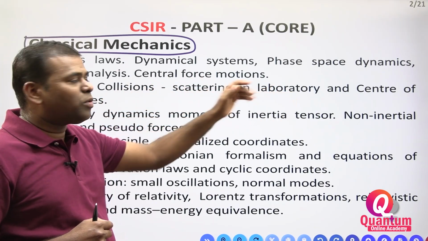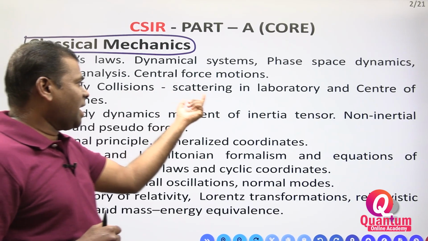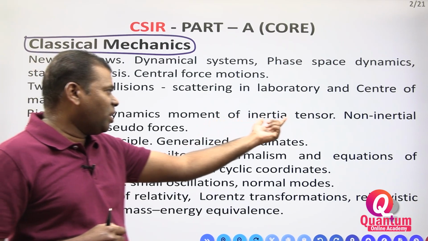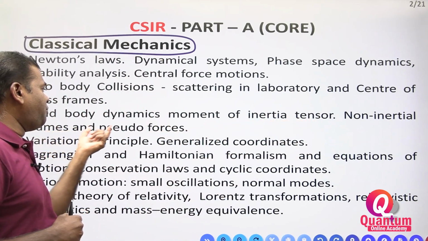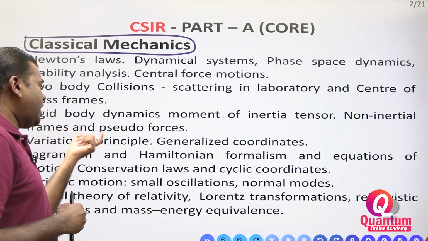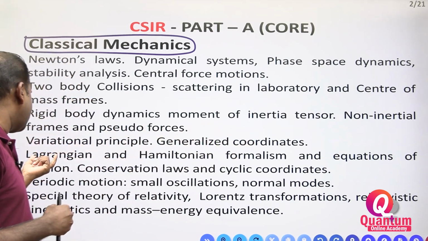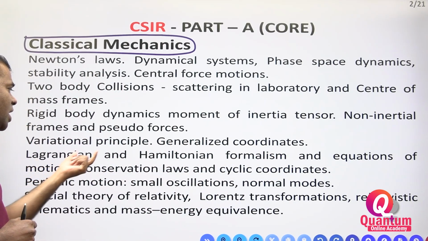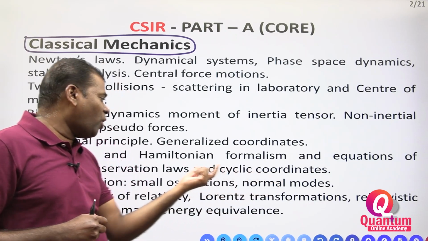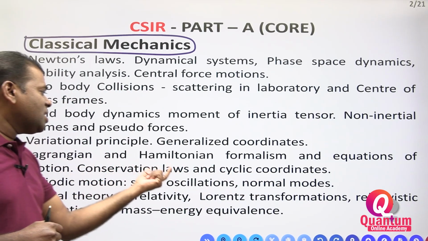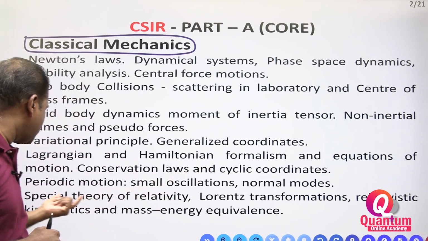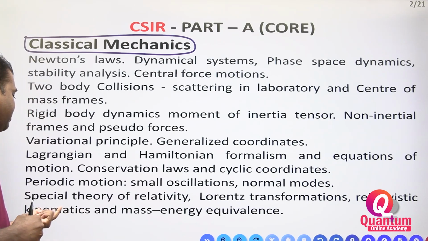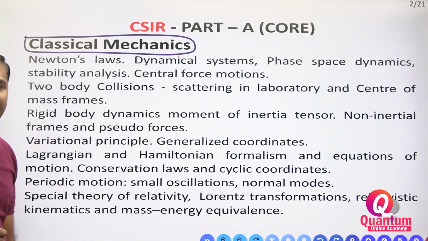Central force motions, 2-body collisions, scattering in laboratory and center of mass frame, rigid body dynamics, moment of inertia tensor, non-inertial frames and pseudo-forces, variational principle, generalized coordinates, Lagrangian and Hamiltonian formalism, equations of motion, conservation laws and cyclic coordinates, periodic motion, small oscillations, normal modes, special theory of relativity, Lorentz transformation, relativistic kinematics and mass-energy equivalence.